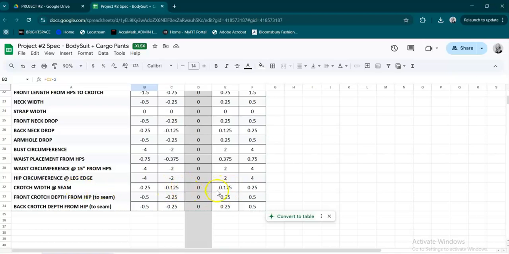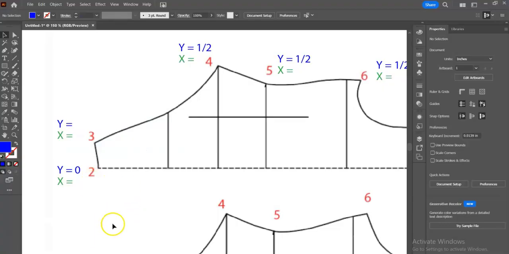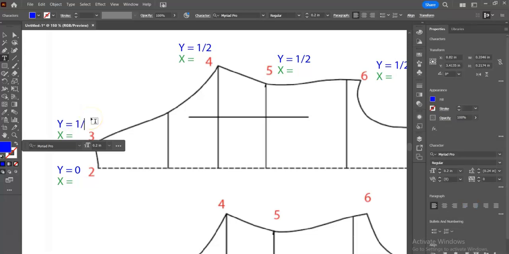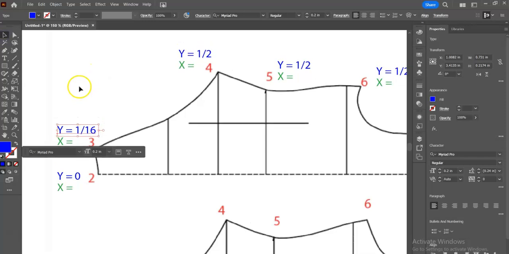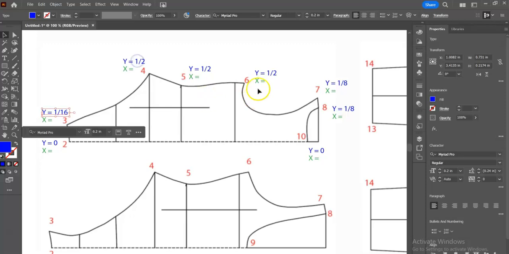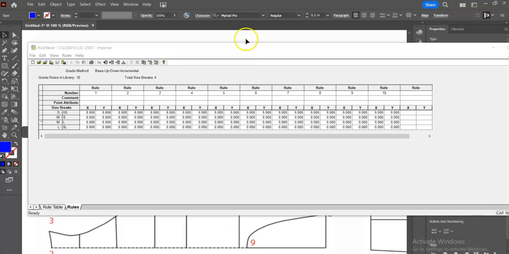So this is grading 1/8 of an inch per size. So if the whole crotch width from this point to the opposite point is grading 1/8 of an inch per size, half of that is going to be 1/16 of an inch. So I'm going to type in 1/16 here. Okay.